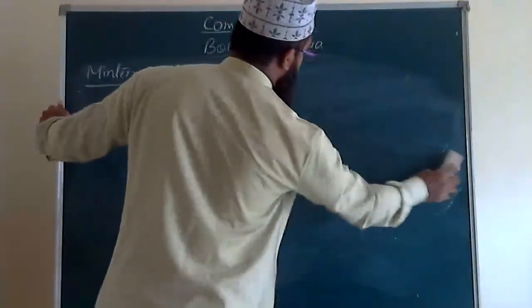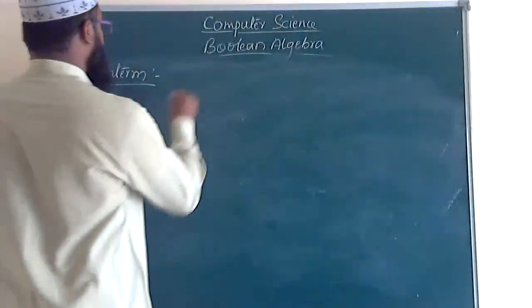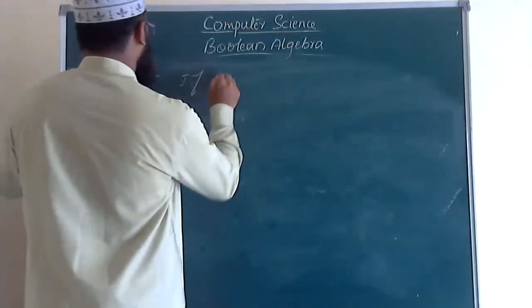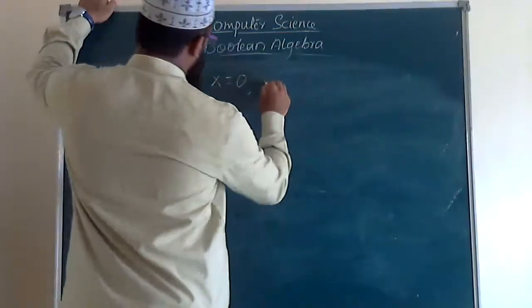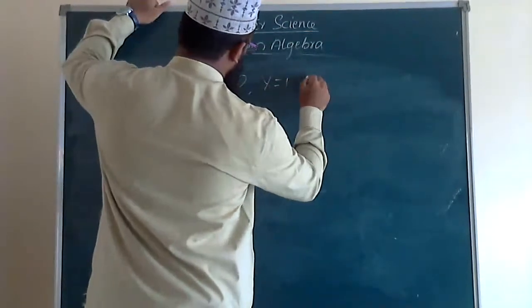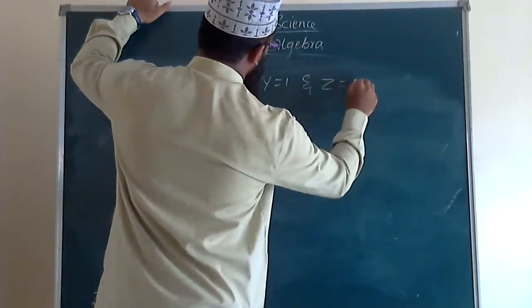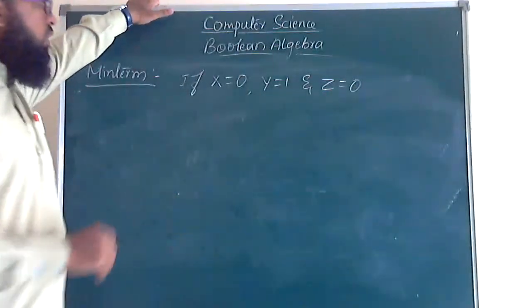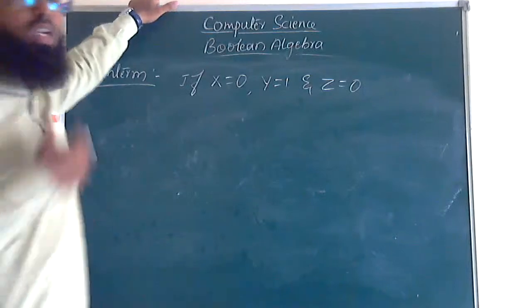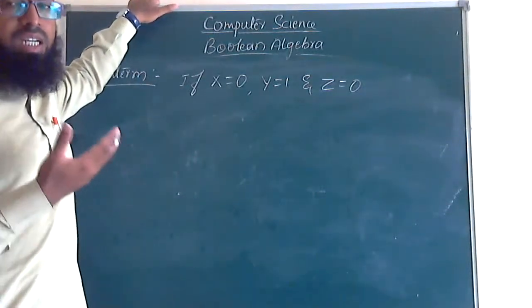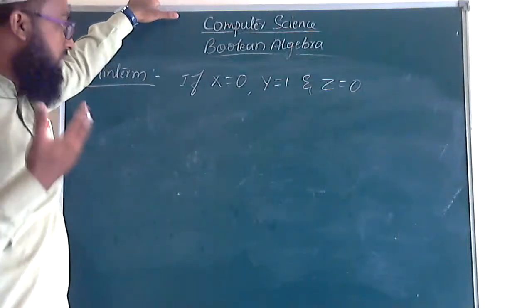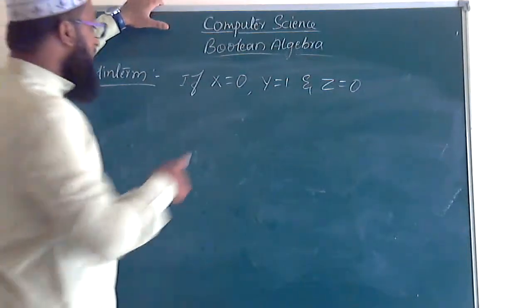For example, if x is equal to 0, y is equal to 1, and z is equal to 0. So for these values, how can we get a min term? This is a simple thing.